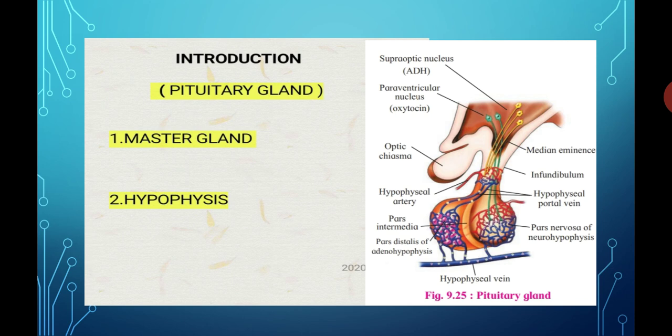One is master gland, because it controls the secretion of all other endocrine glands, and the other is hypophysis, because it is located just below the hypothalamus of the brain. So this is about the introduction of a pituitary gland.